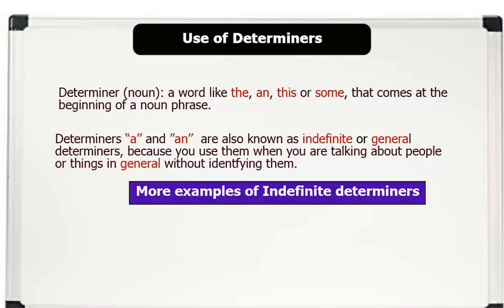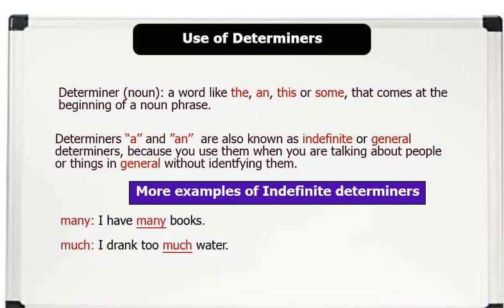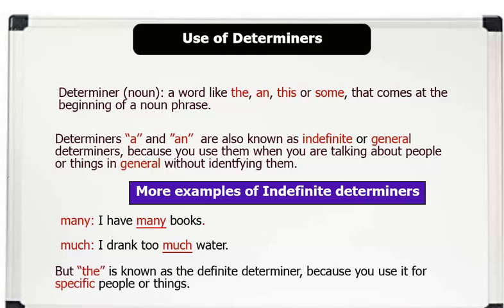More examples of indefinite determiners: many, I have many books. Much, I drank too much water. But the is known as a definite determiner because you use it for specific people or things.